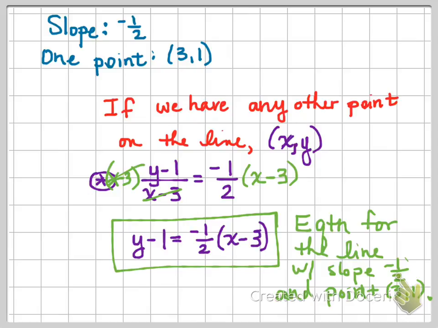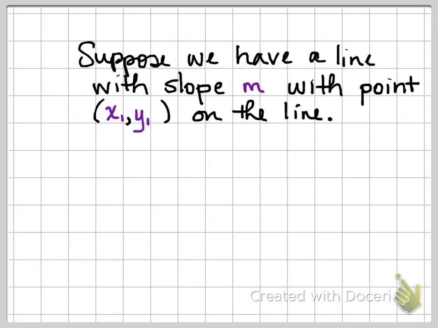Now, this may or may not be different than something that you've seen before, but this should be very similar to what we call the point slope formula for finding an equation of a line. Okay, so let's suppose we have a line with slope m with point (x1, y1) on the line.